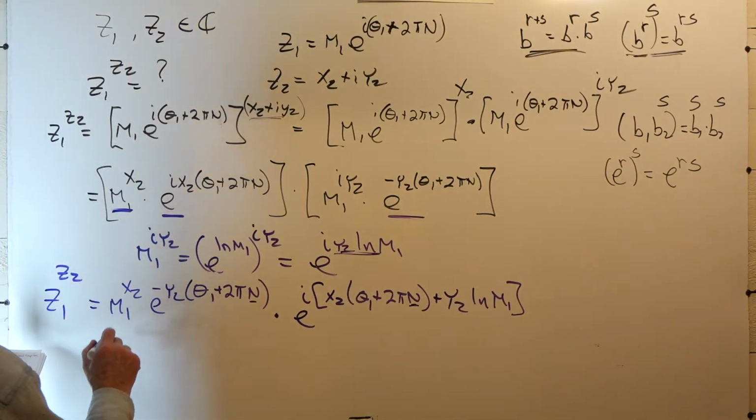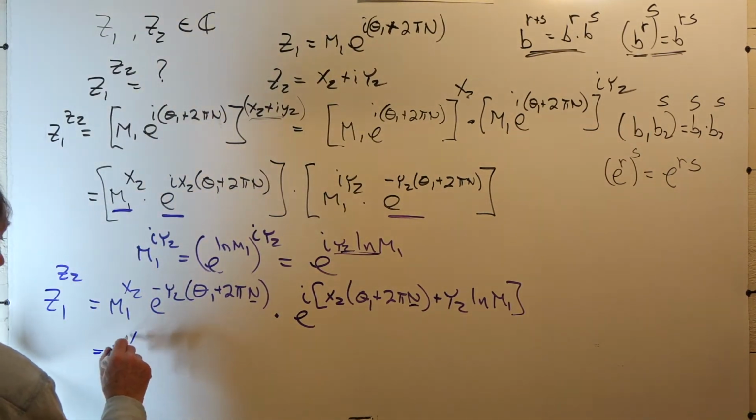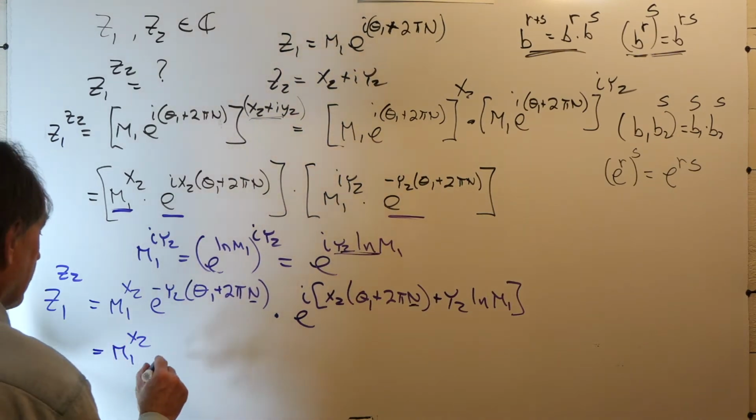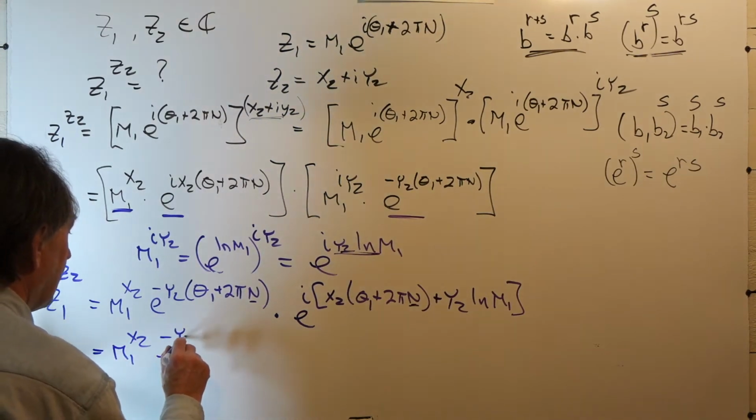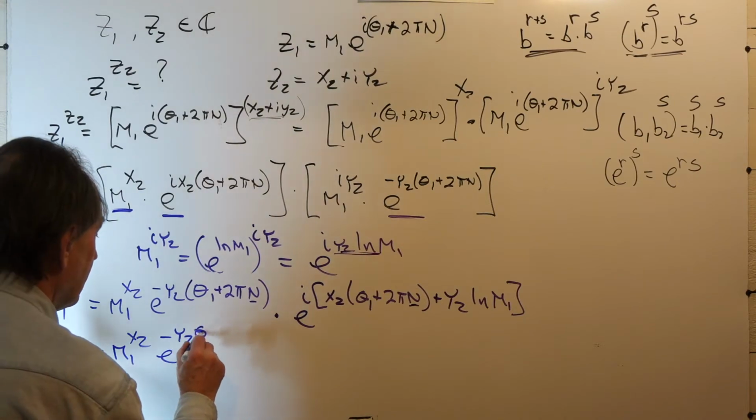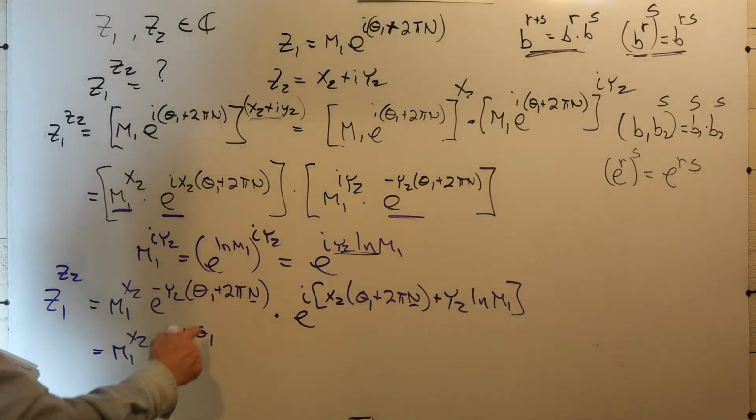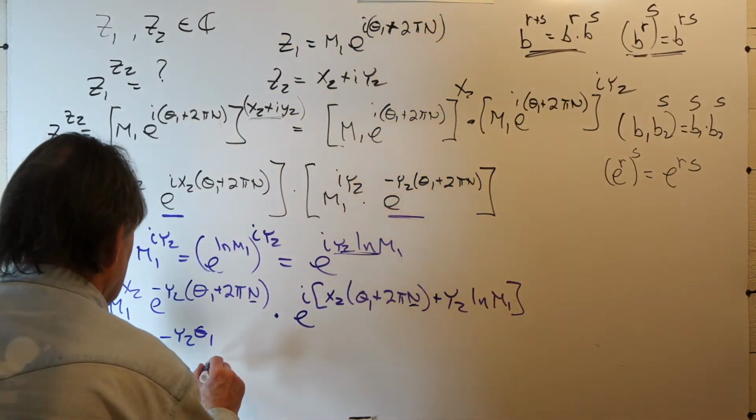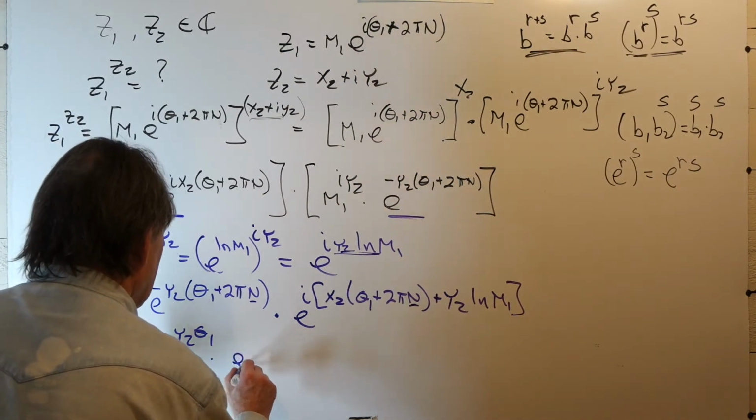So we can rewrite this as m1 to the x2 e to the minus y2 theta 1 from here times e to the i.